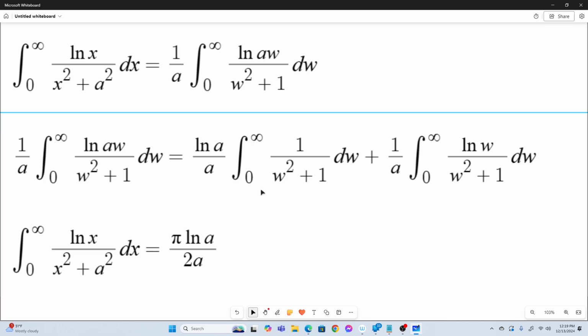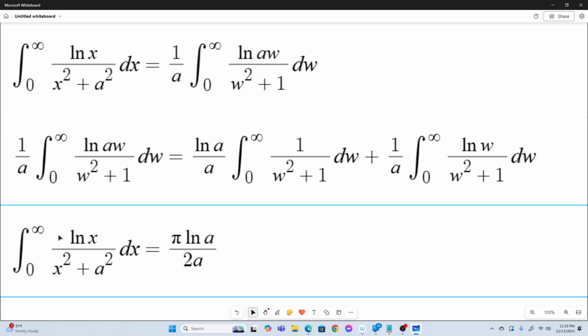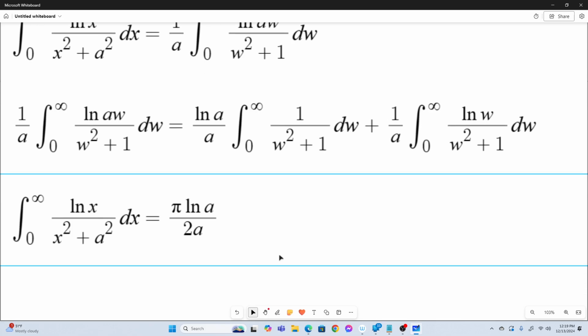It evaluates to pi over 2. And this was the integral that we determined evaluated to 0. So this whole integral right here vanishes. So we have the integral from 0 to infinity of natural log x over x squared plus a squared is just pi natural log a over 2a.